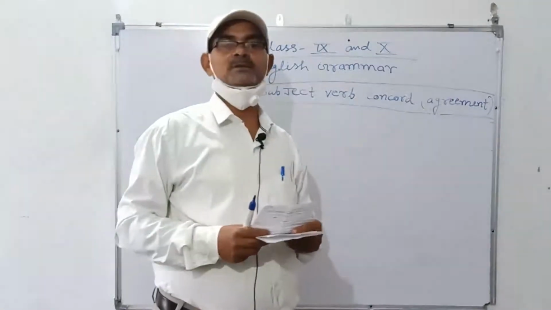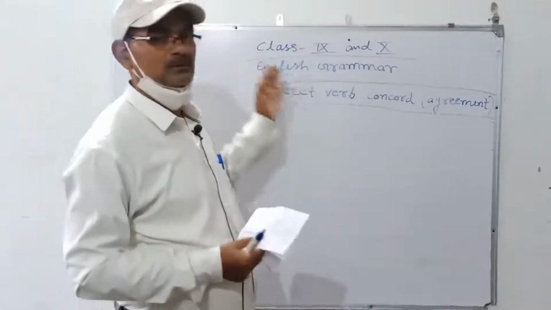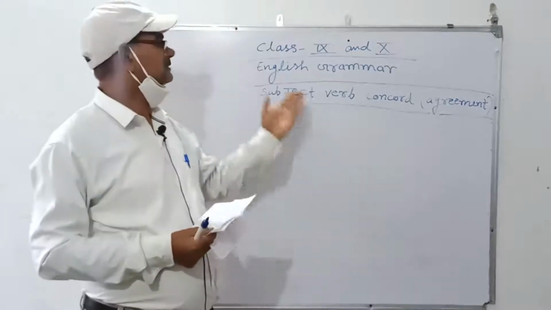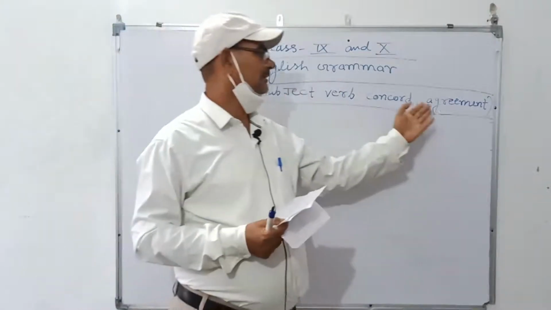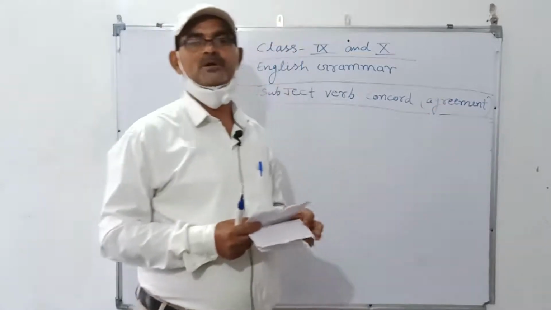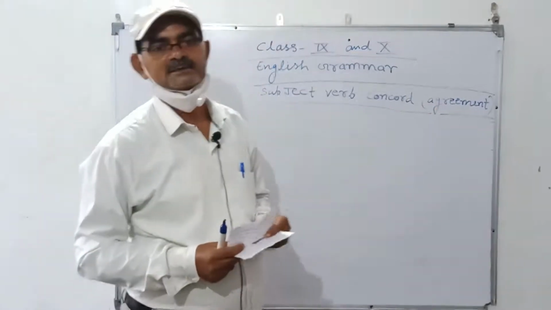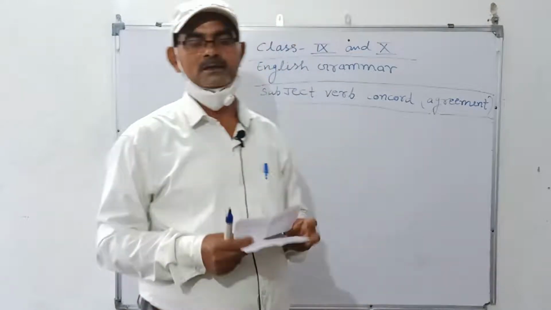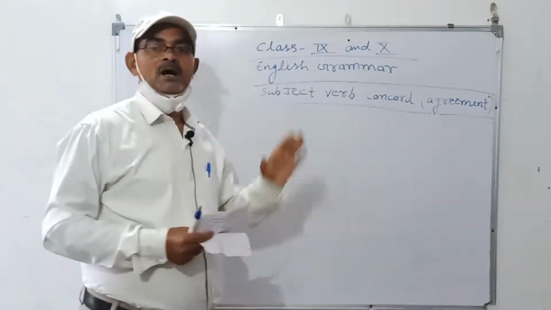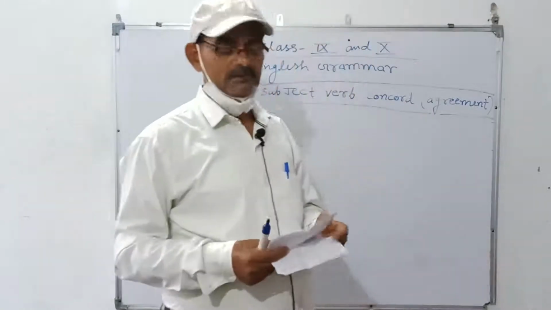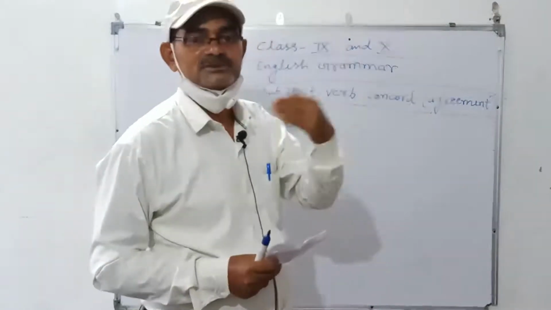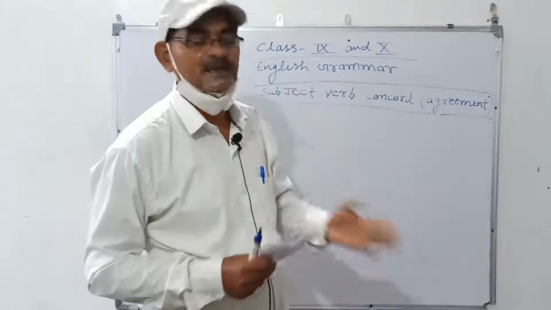Dear students of class 9th and 10th, today we will learn about English grammar and the topic subject verb concord, or subject verb agreement. In this grammar chapter, we will learn how to arrange the verb with the subject, and which verb agrees with which subject.